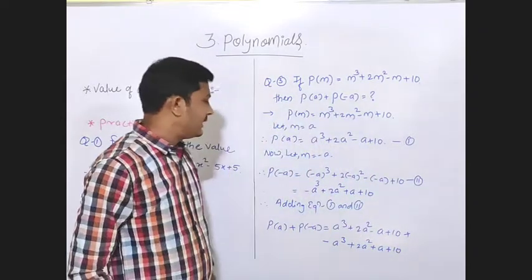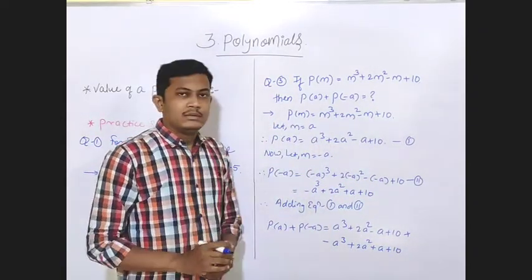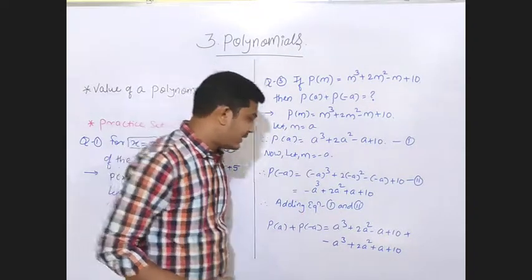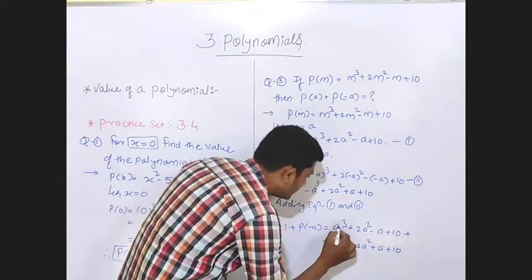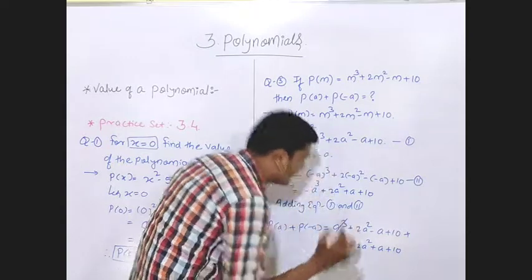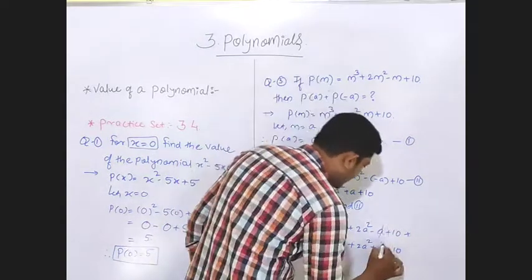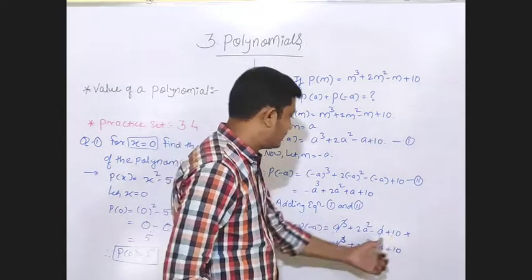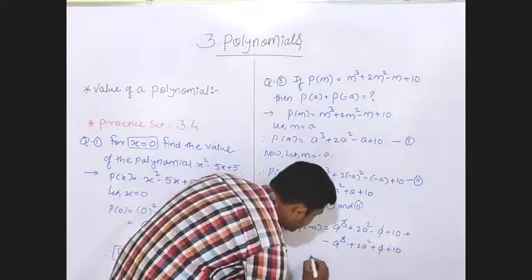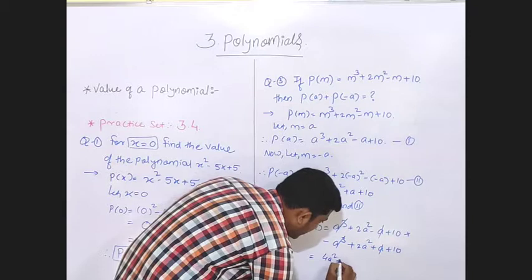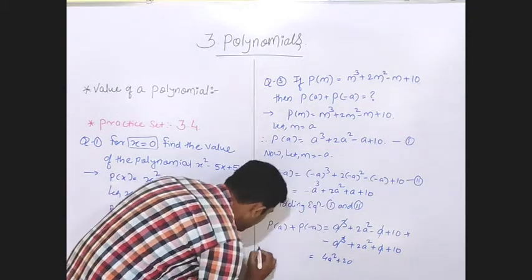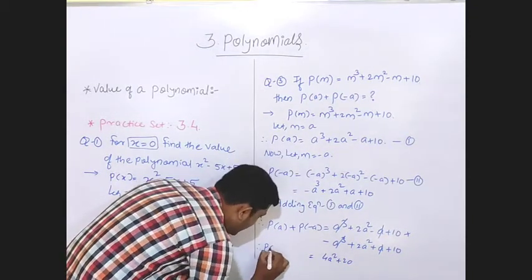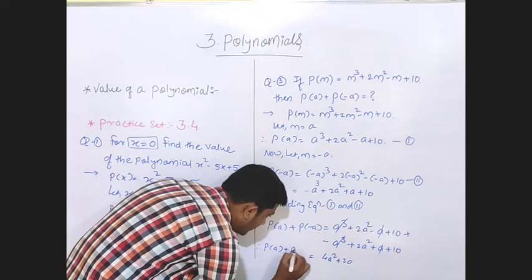So here like terms get added: positive and negative terms get subtracted in the addition. So here a cube and minus a cube get cancelled, plus a and minus a get cancelled. So what we get is 2a square plus 10, 2a square plus 10, that is equal to 4a square plus 20. That is p of a plus p of minus a.